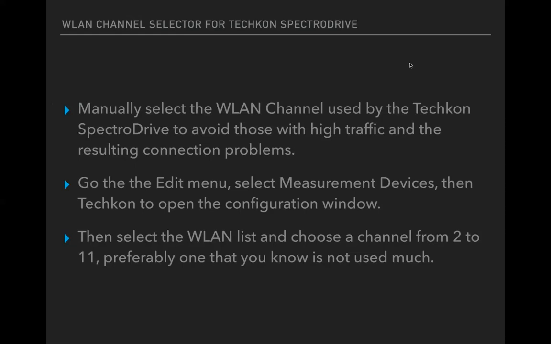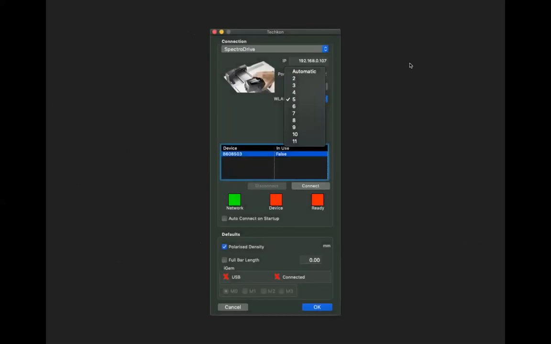So all you do is you open the Tecon configuration window, which is Apple K or Control K on Windows, or going through the Edit Measurement Device Tecon menus, and then just selecting the channel from 2 to 11 that is best for your environment. Or you can leave it on automatic. It's really something that only a few people have a problem with, but again, this does have an effect and makes life a lot easier because the device doesn't keep disappearing all the time.